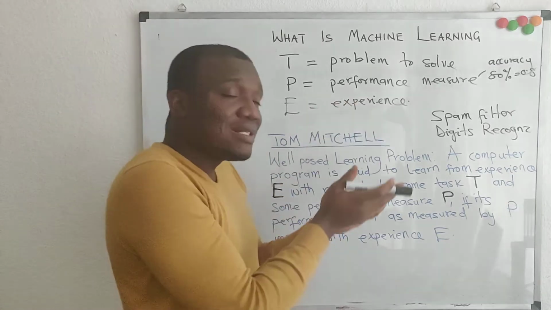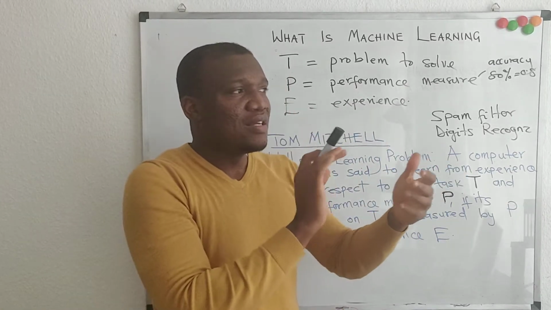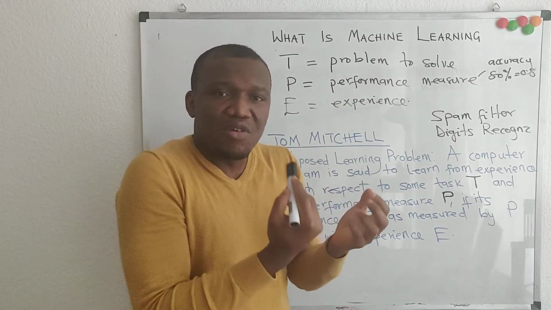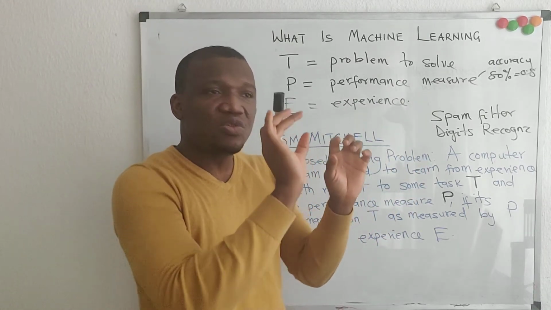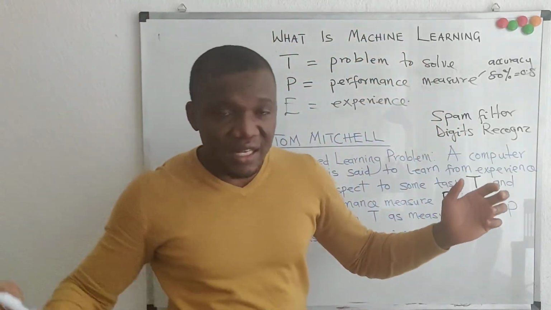And using some mathematics, usually calculus, it is going to calculate the adjustment that it needs to make to its internal representation, which we call weights or parameters. So it's going to make some adjustments to these internal representations of the model, and then it will feed in the data again.